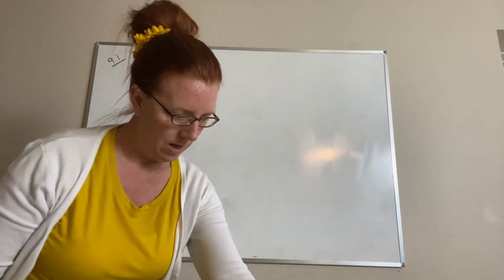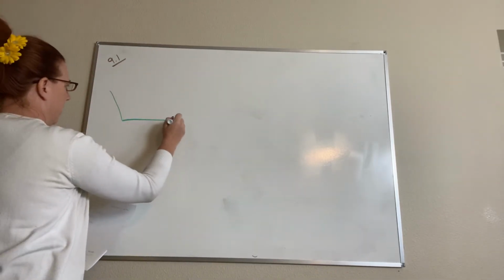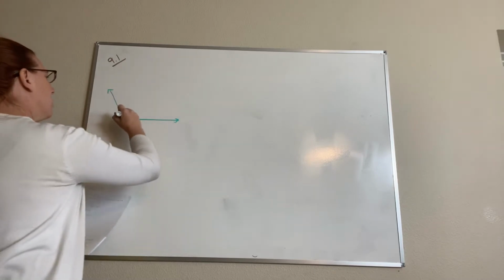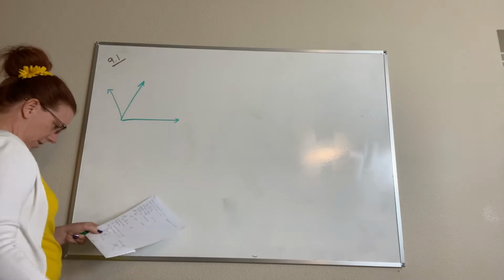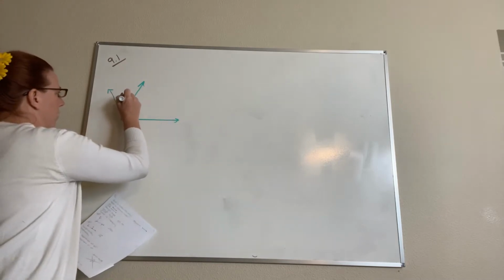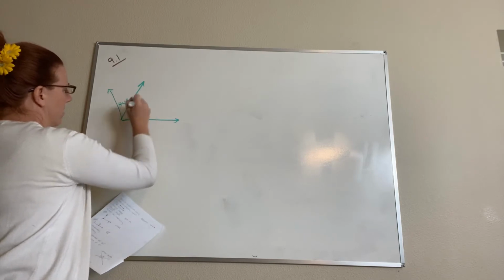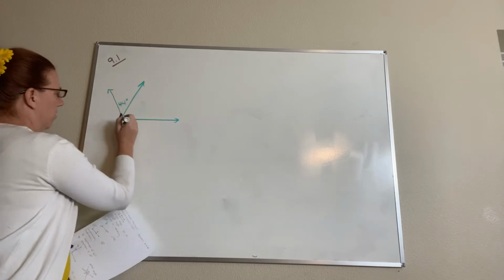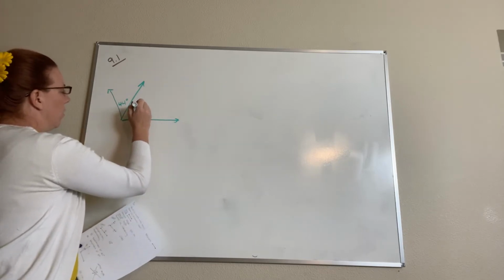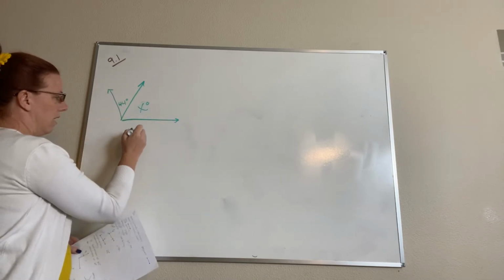All right. So, if I give you this drawing, there's an angle and it's cut into 2 angles. And if I told you that this is 44 degrees and I want to know the measure of this, and I tell you that the whole thing is 100 degrees.